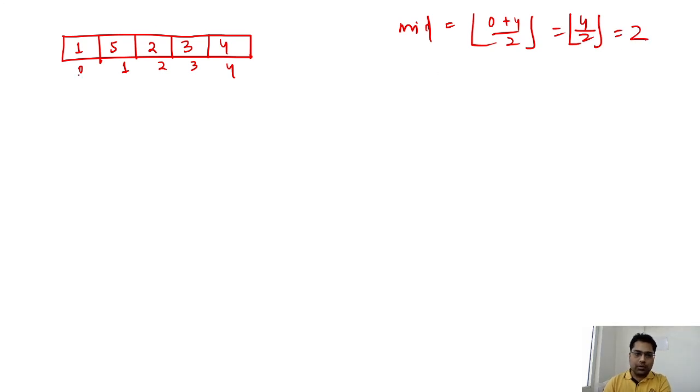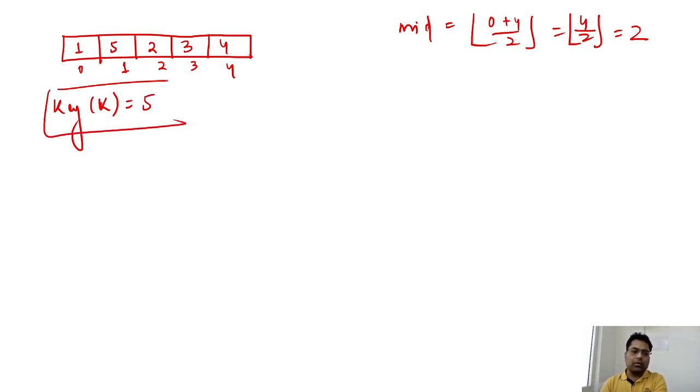Now we have to focus on finding the key value, which is k. Now the key value you need to find is 5. You need to find 5 as the key value. Okay, now you're following the same approach. Clear?